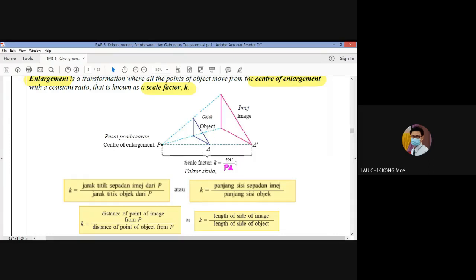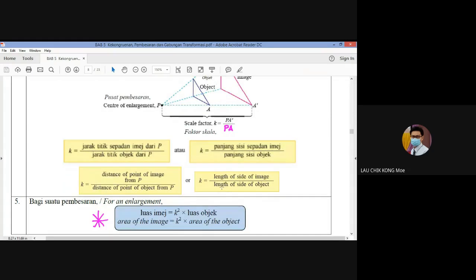Ramai pelajar apabila kita buat soalan seperti ini, the student will assume that the side of the image is AA'. Bukan, dia mesti mula daripada pusat. PA' barulah image, object PA. Bukan AA'. Okay, so this is the formula to find K. Kalau di SPM memang enlargement setiap tahun ada soalan dia.